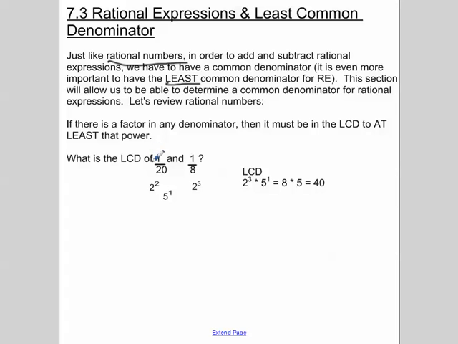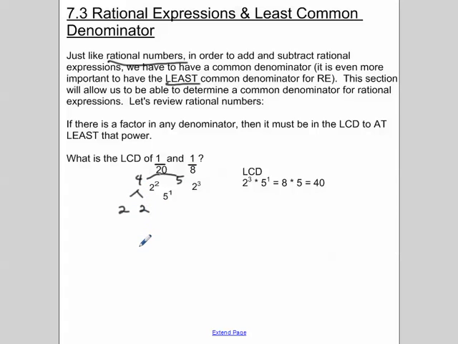If we've got something like 1/20th and 1/8th, to find the lowest common denominator, we factor everything, especially the denominator. Take 20. It can be factored into 4 times 5, and 4 is 2 times 2.